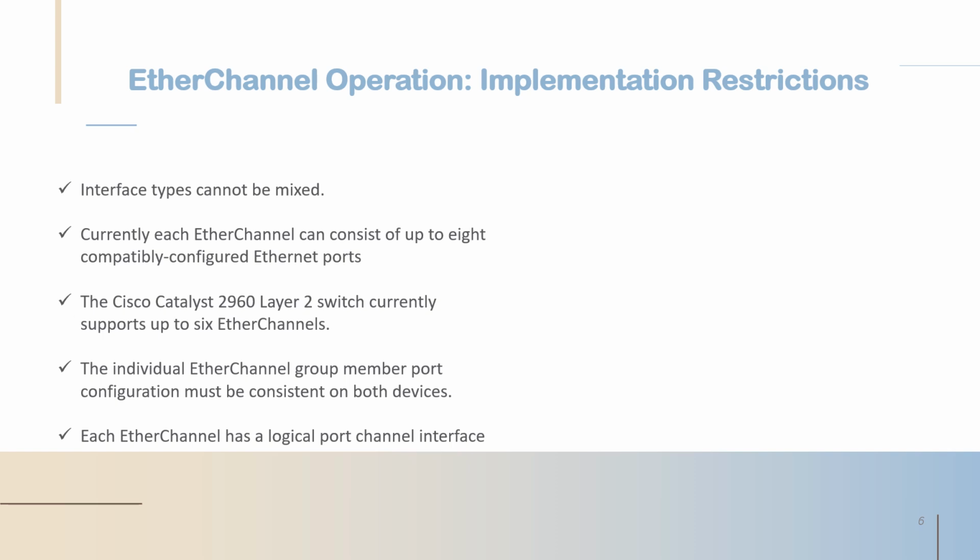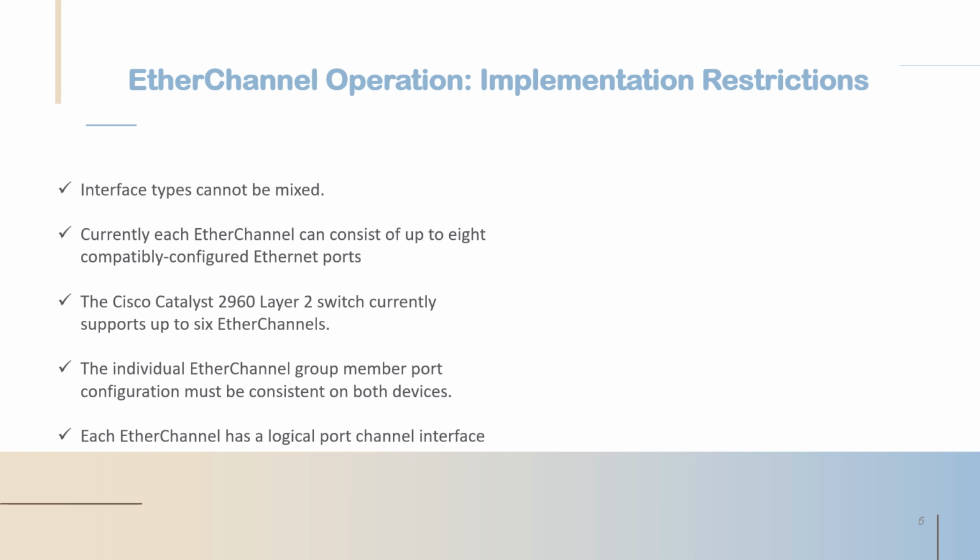EtherChannel provides full duplex bandwidth up to 800 megabits per second or 8 gigabits per second between one switch and another switch or host. The Cisco Catalyst 2960 Layer 2 switch currently supports up to 6 EtherChannels. However, as new IOS versions are developed and platforms change, some cards and platforms may support an increased number of ports within an EtherChannel link, as well as an increased number of Gigabit EtherChannels.